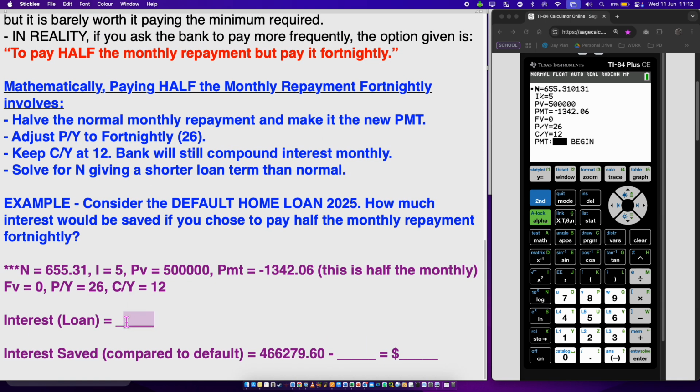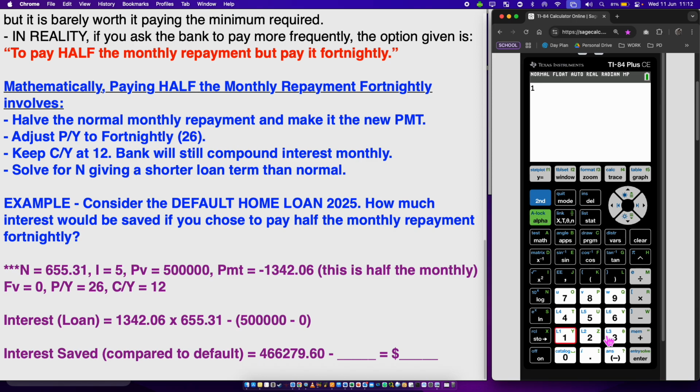I'll quickly do the interest. So the interest, you're paying $1342.06. You're doing that 655.31 times. Take away 500 grand. 1342.06 times by 655.31.